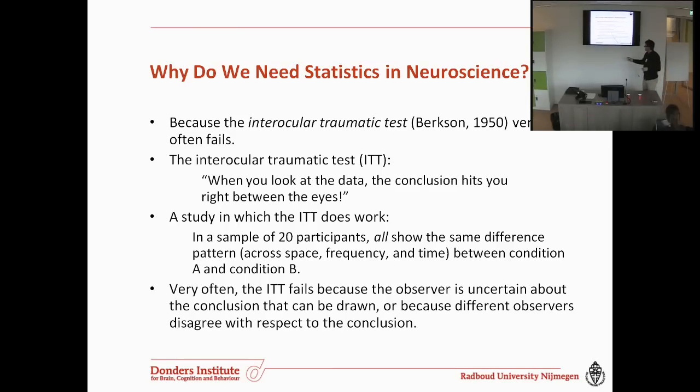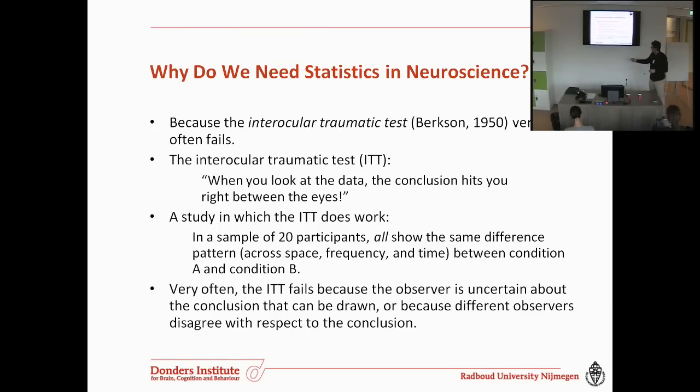Say you have a sample of 20 participants, and all of these 20 participants show exactly the same difference between two conditions, A and B, and the same difference means the same difference across space, the same channels or the same voxels in source space, the same frequency band, say all between 12 and 14 hertz, and the same time interval relative to some stimulus, say all between 300 and 400 milliseconds. In that case, there is almost no uncertainty in your data pattern. And that's when you say the conclusion hits you right between the eyes.